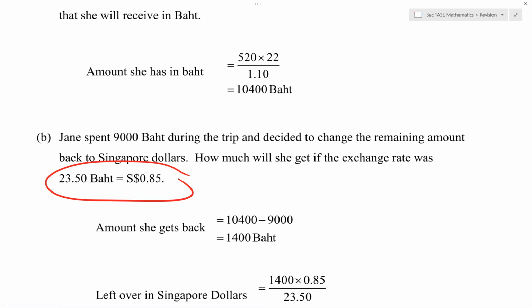What happens if I take 100 Sing dollars? I go to him, I change that 100 Sing dollars to ringgit, for example. Then I get the amount in ringgit, I immediately change it back to Sing dollar. Will I get my $100 back?